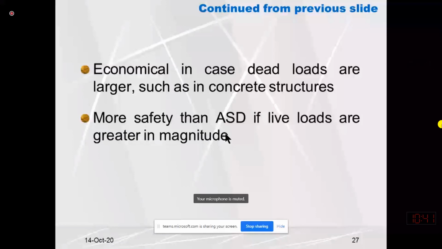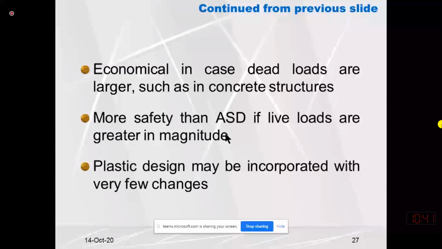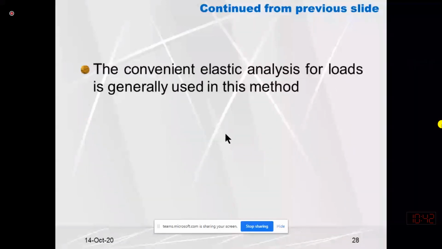Plastic design may be incorporated with few changes. What does plastic design mean? Plastic design means that if I am considering the material strength equal to or more than yield strength, or more than its elastic limit, then this design becomes plastic design. The convenient elastic analysis for load is generally used in this method.